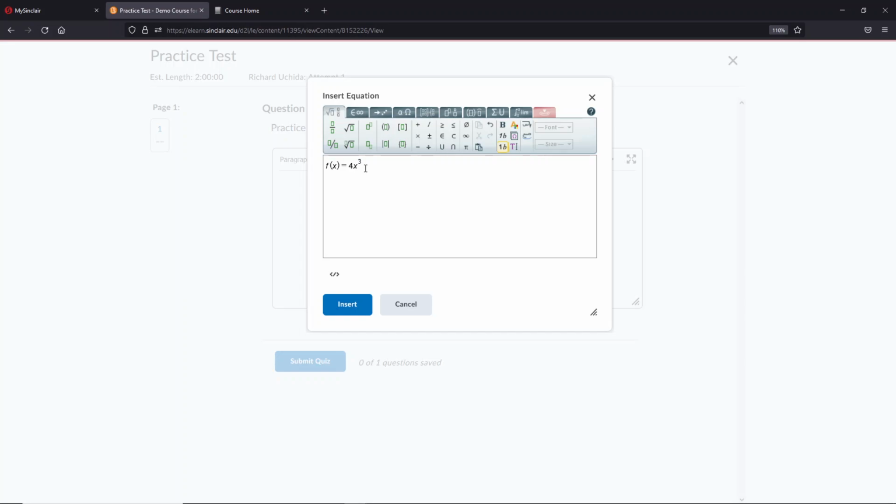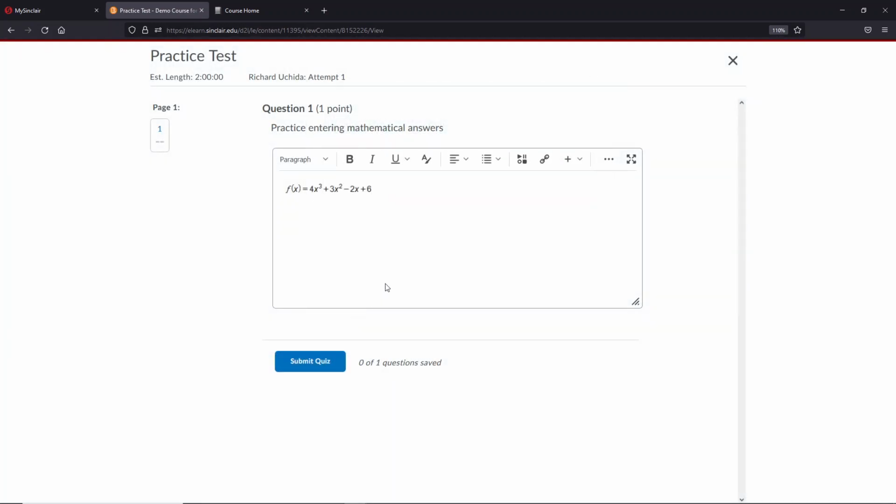And let's say plus 3x again squared. And let's say, use your mouse, minus 2x plus 6, for instance. So inserting that gives us that polynomial function.